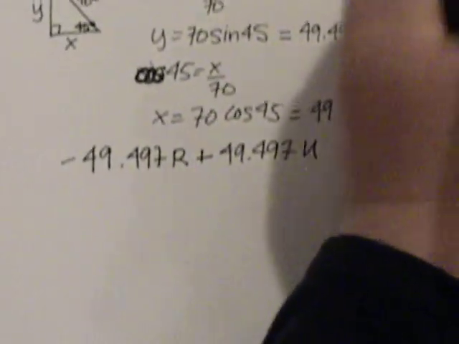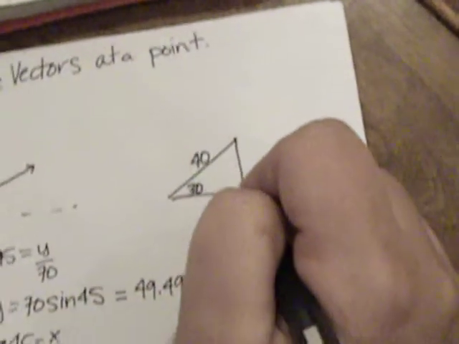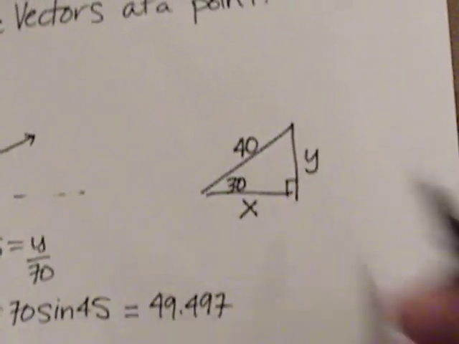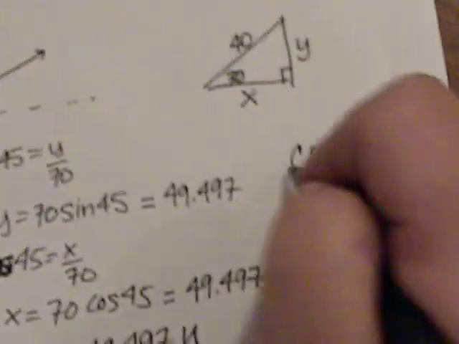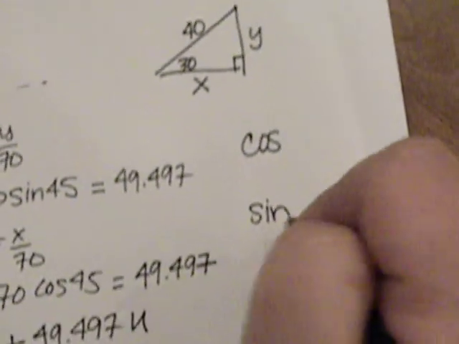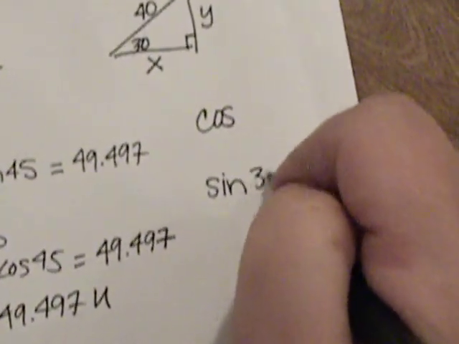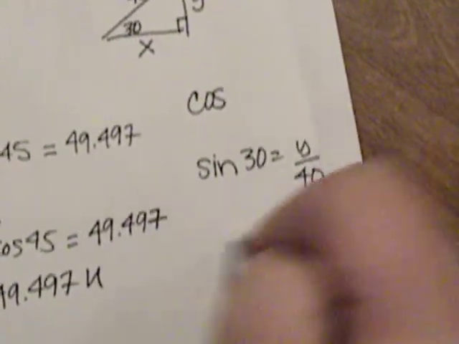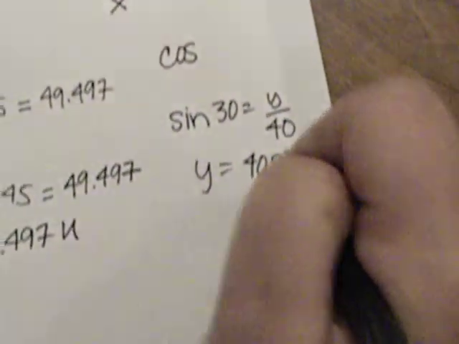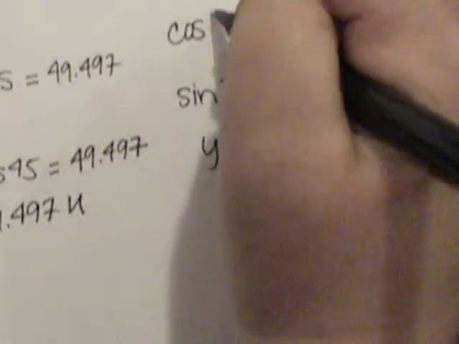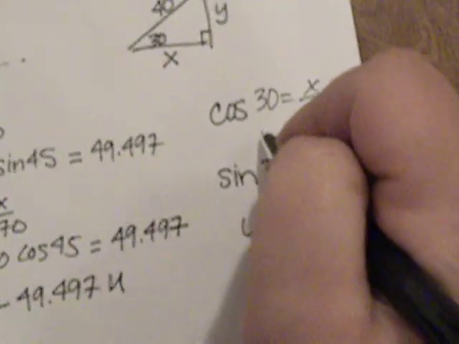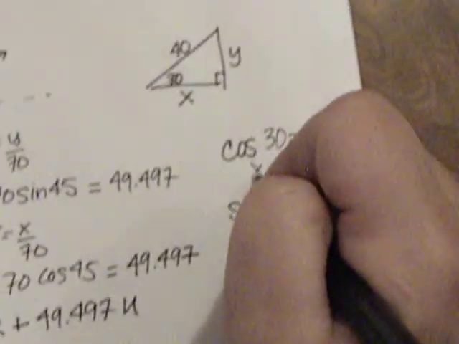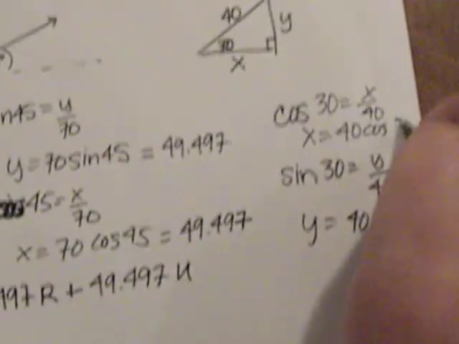So we'll draw our triangle, 30 degrees with a hypotenuse of 40. Right triangle, we need to figure out x and y. So opposite over hypotenuse, sine is y over 40, where y equals 40 sine of 30, and then cosine of 30 degrees is x over 40, so x equals 40 cosine of 30.